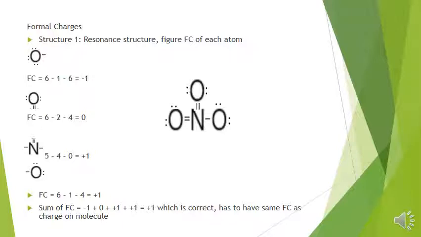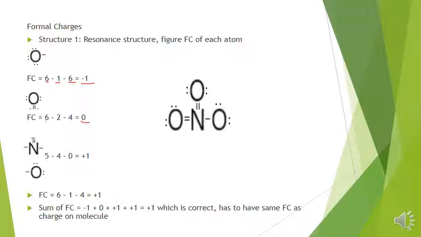So for the formal charge for this one here, it's the number of valence electrons minus the number of bonds minus the number of dots. Okay, that gives minus 1 as the formal charge for this oxygen. For the oxygen with 2 bonds and 2 lone pairs, it's 6 valence minus 2 bonds minus 4 dots equals 0.